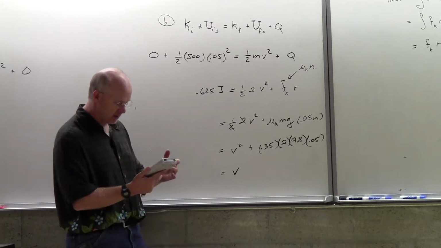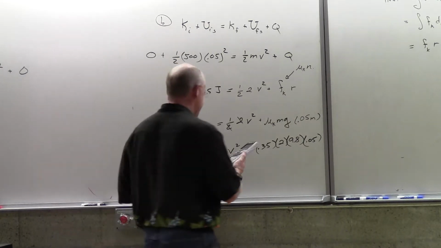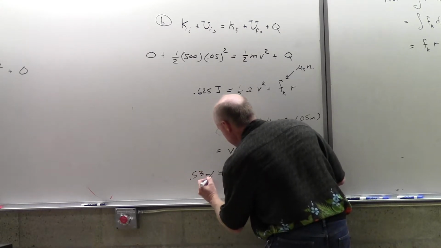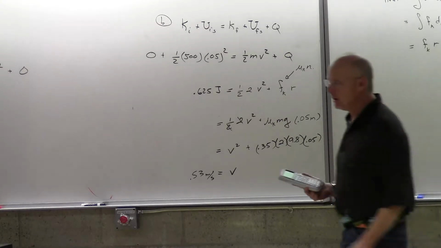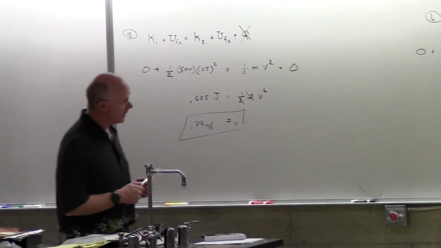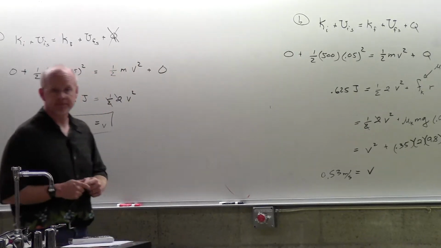And then the result of all of that, I can take the square root. And as you guys correctly predicted, it should be a little slower. Or a lot slower, I don't know. But definitely slower, depending on how much friction there was. And so there would be the new speed when it got back to its equilibrium.